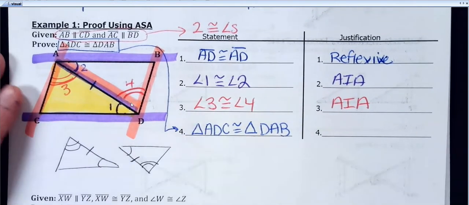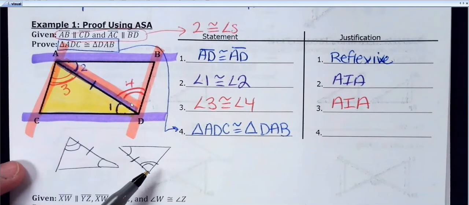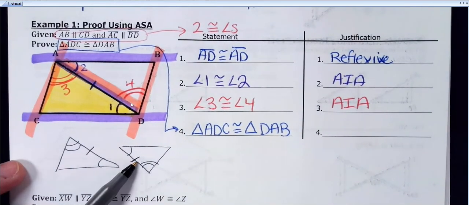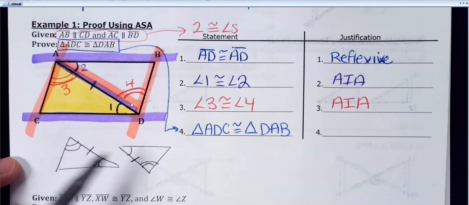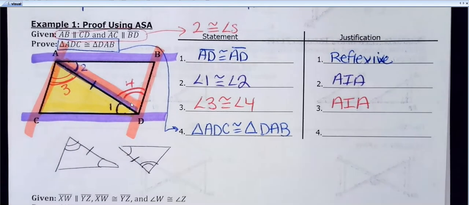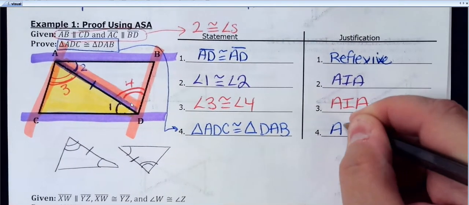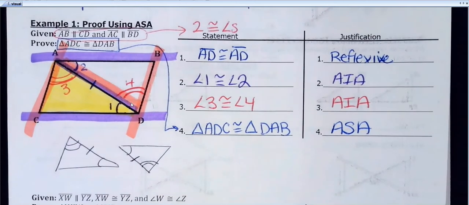In each one of these, you have an angle, a side. Angles are curved, sides are the little slash. So I have an angle, a side, and an angle. Same thing here, angle, side, angle. The side is in between. So that's going to be my defense. This is angle, side, angle. I can just write ASA to abbreviate that so I don't have to write the words out. 2 angles and the included side.